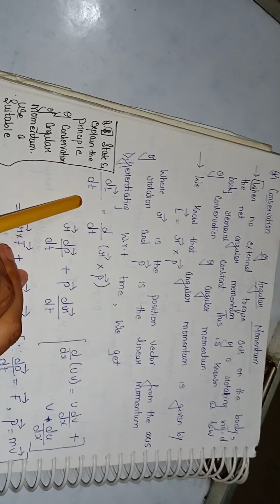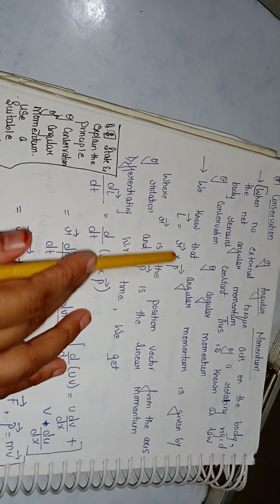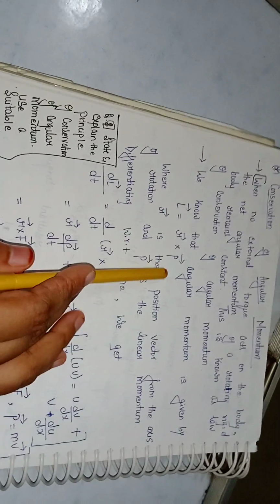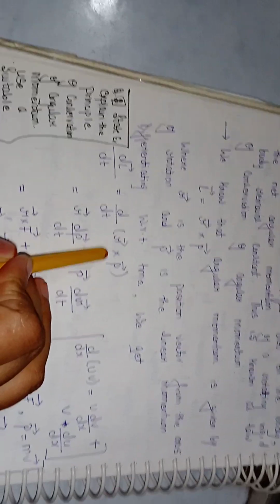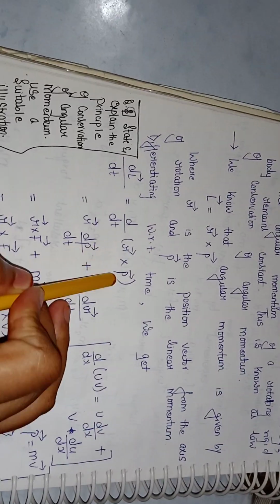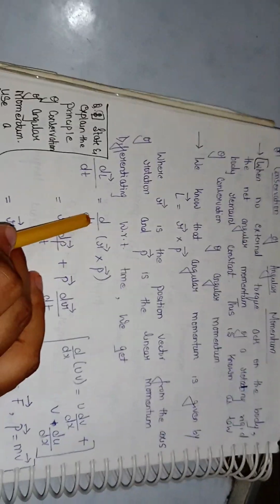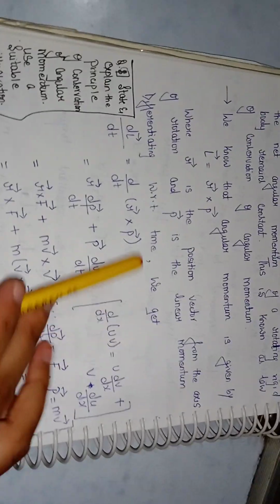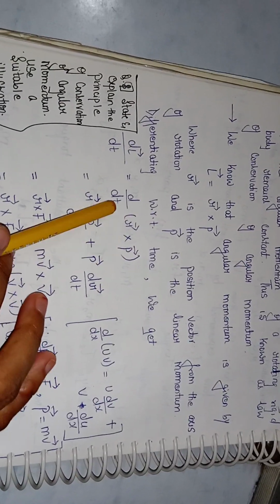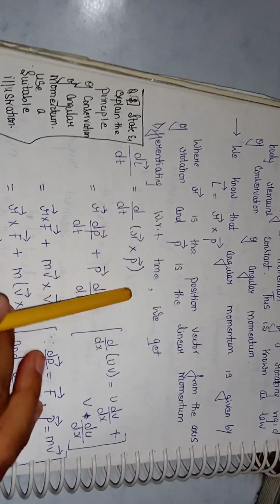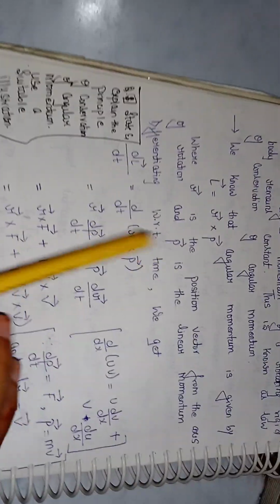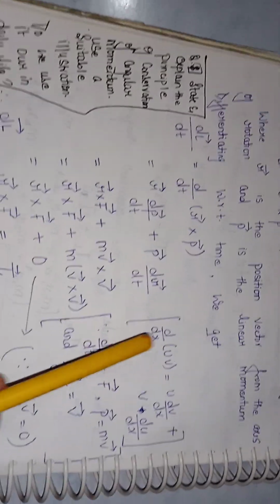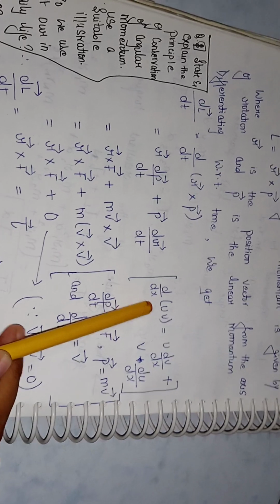So dL by dt is equal to d by dt of r vector cross p vector. Now friends, see, this is a cross sign, that means multiplication. So for the derivative you cannot take the derivative directly. This is a product. So for the derivative there is a product rule, d by dx of uv.